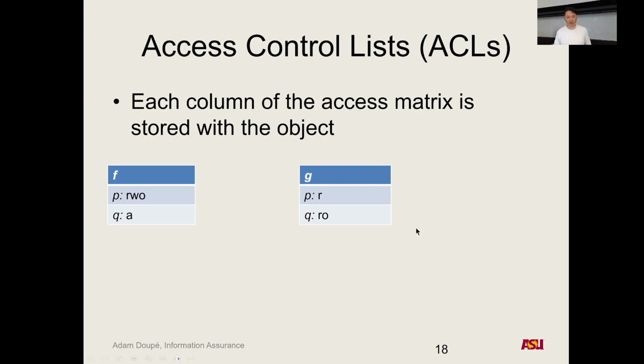Here each column of the access matrix is stored with the object. Subjects F and G have a list of these two tuple sets. P has its functions, these operations. Q has the options. So it is similar to Google shareable links or Dropbox shareable links. Why?